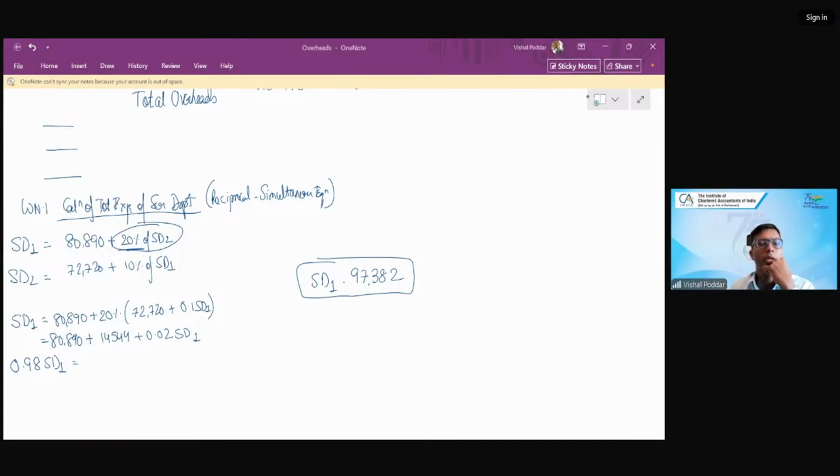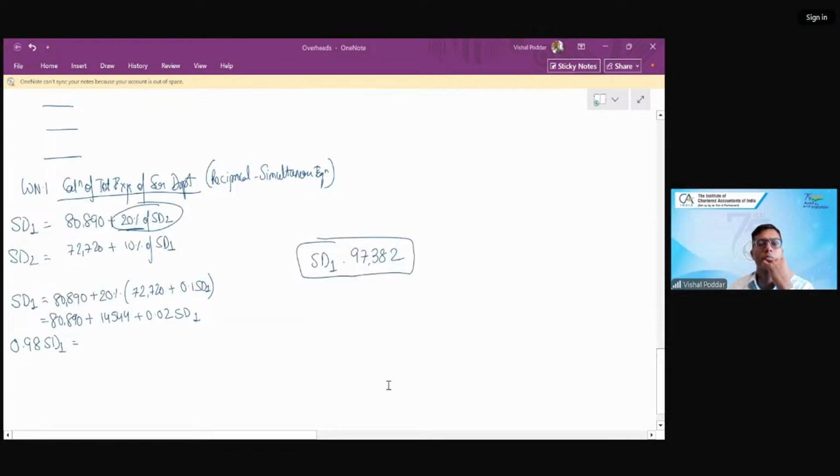But if you have got 89961, please check, Jaya. I am solving on the screen. Check where you have made a mistake, Jaya. Those who are not getting the answers, please check. I am solving on the screen for everybody's benefit.